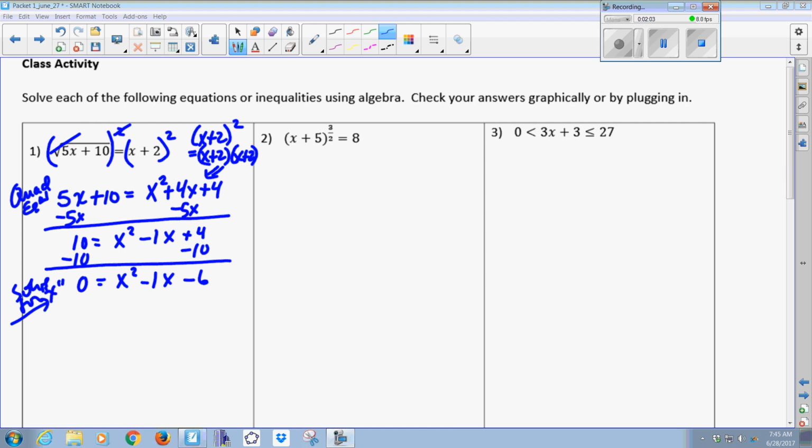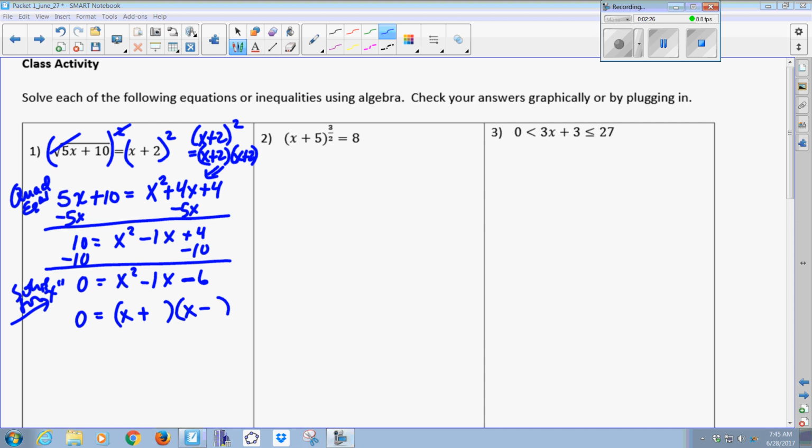You can do that with your quadratic formula, or if it's easy to do, by factoring. So I'm going to factor x squared minus 1x minus 6. I know that the signs are opposite since my 6 is negative. I'm looking for factors of 6 that differ by 1, because I have a subtraction sign right here.